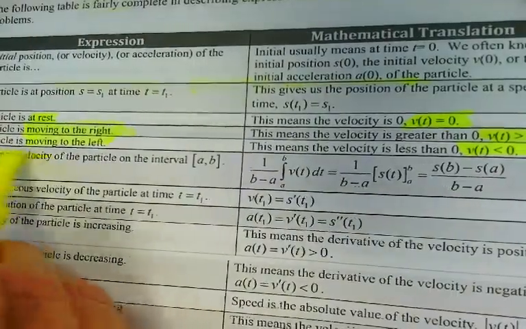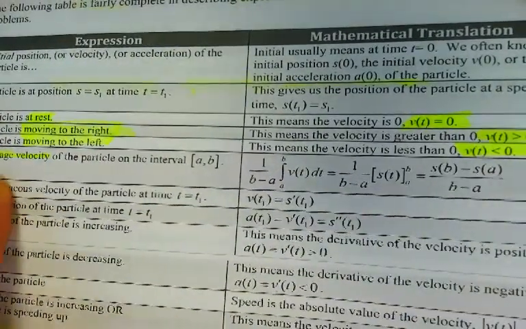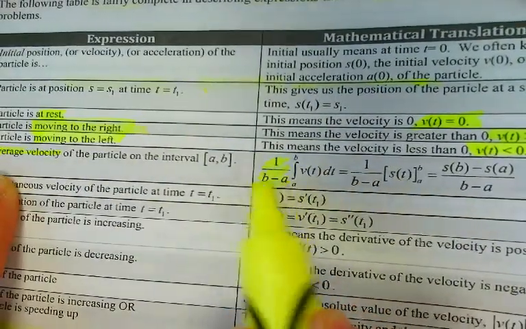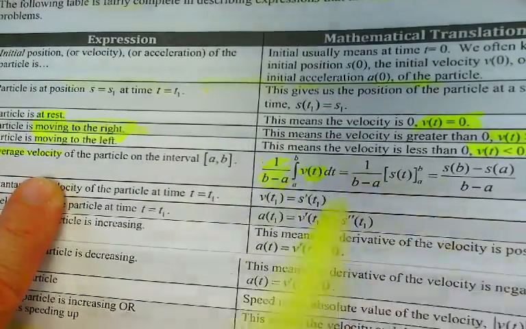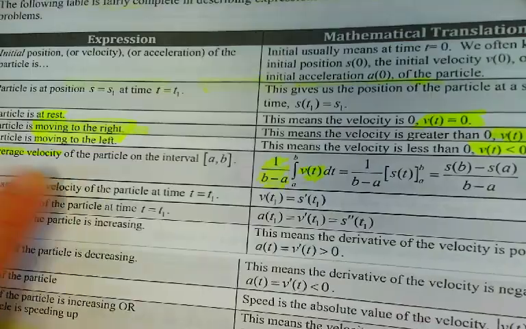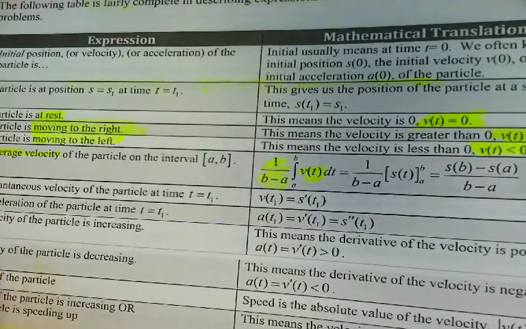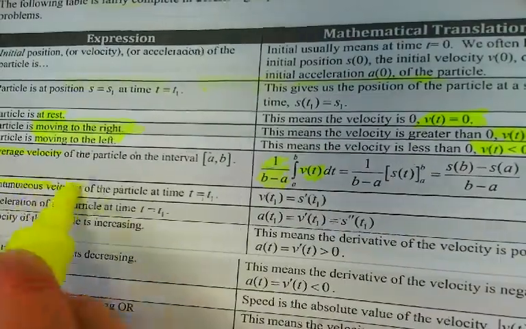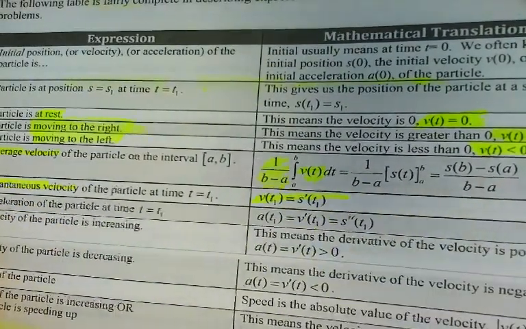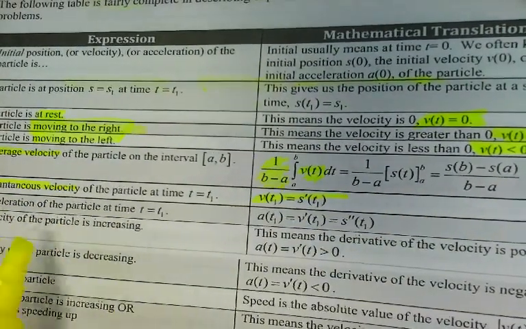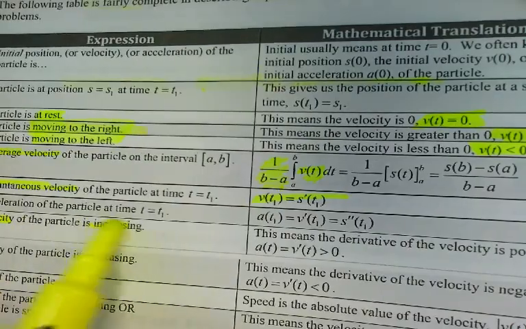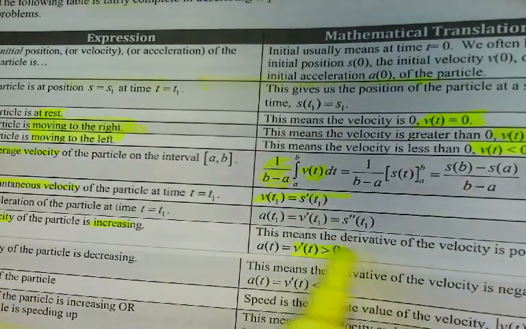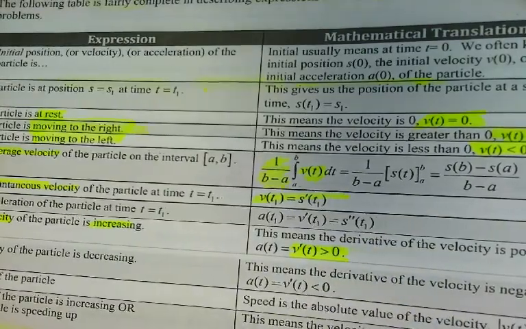Average velocity. I like to call this common sense. I think it is. You are using the average formula of the word velocity. Okay. Average velocity. Instantaneous just means find the derivative of velocity. Let's see. Velocity is increasing. This means I'm looking at the derivative of velocity.